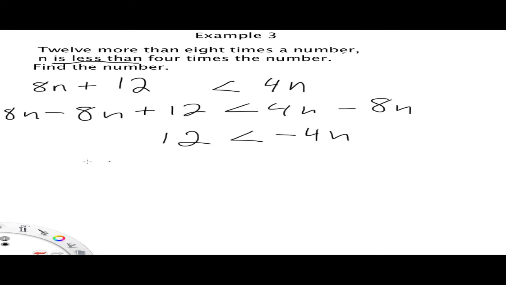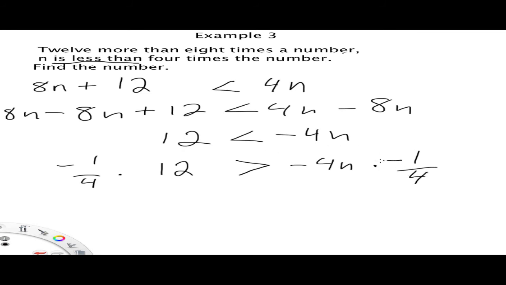Now I need to multiply by a negative, so I'm going to flip my inequality. So negative 1/4 times 12 is greater than negative 4n times negative 1/4.